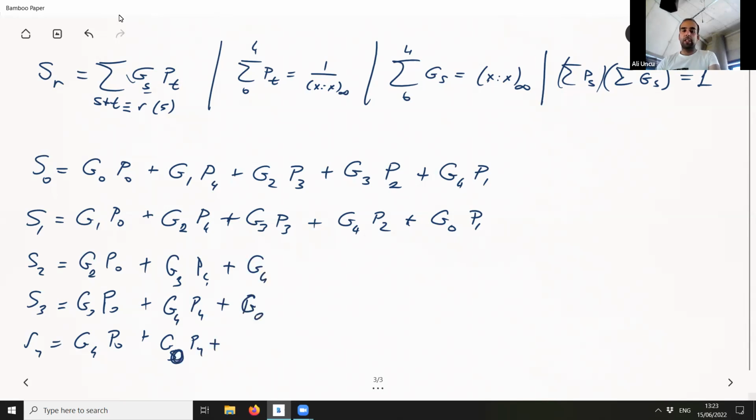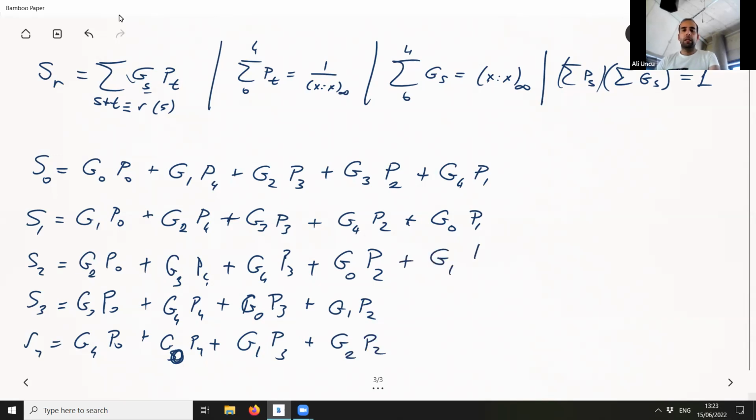G5 and G0 are the same thing. Then G1, P3, and so on, followed by the last one: G1, P of 1, G2, P of 1, and G3, P of 1. Cool.